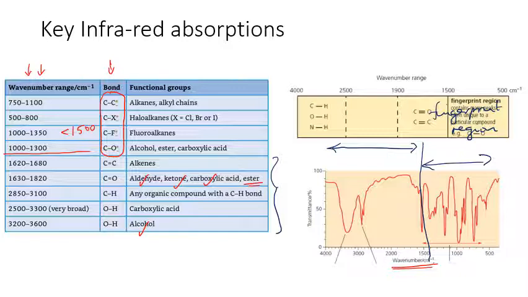Esters are not impossible, alkenes not impossible, and they are lots of the functional groups that we study. So let's look at functional groups one by one and see what their spectra look like.